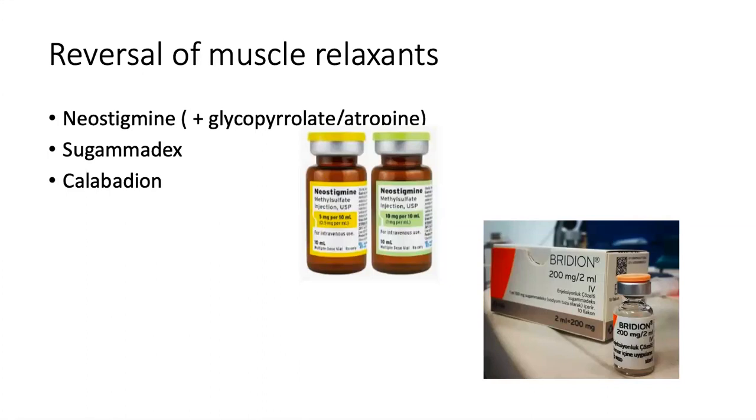So if you need 280, you will need 2 vials. And I'm speaking according to South African standards, I think 1 vial costs more than 1,000 rands, more than 1,500, or even more than that. So it becomes really expensive for you to use this, especially in the government sector.